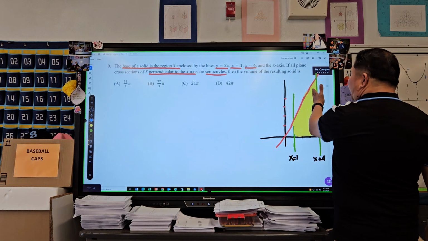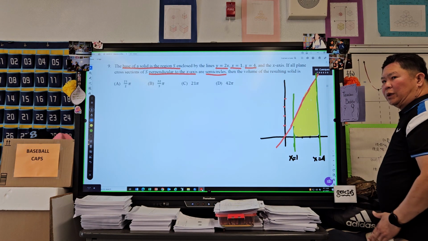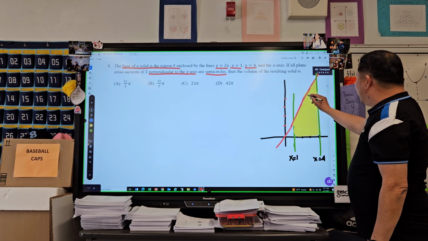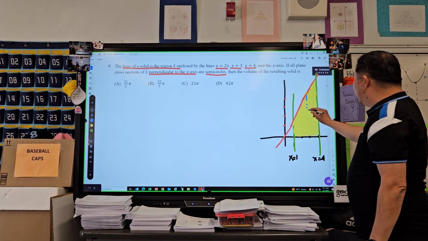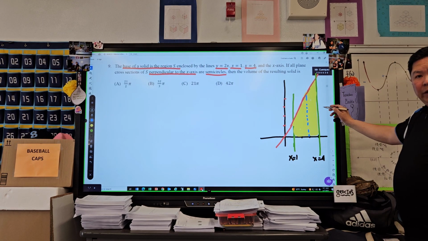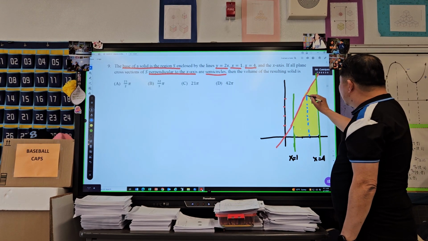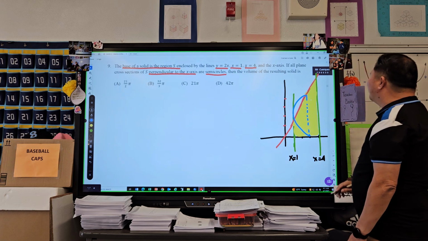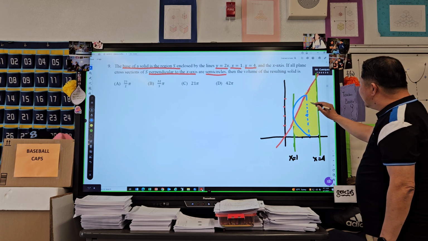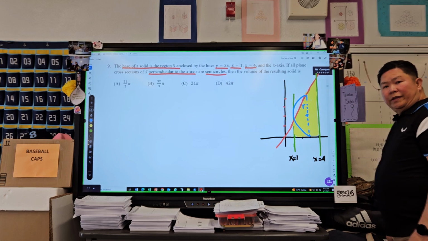So since this is perpendicular to the x-axis, that means this is the diameter, right, of a semicircle. So let's have it this way. It's a semicircle, and right here, from here up to here, is the radius.